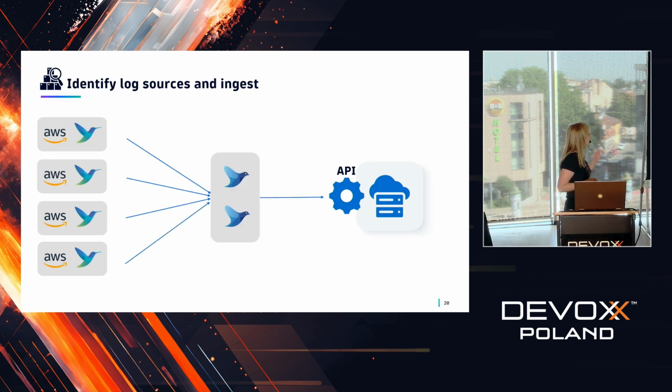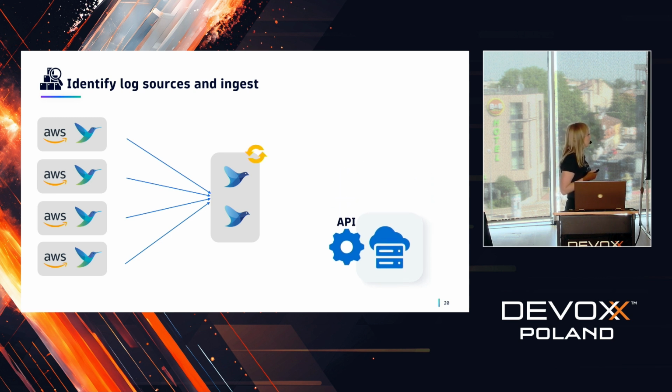So instead of that, we can add a log collector in the middle, and thanks to that, we will have only one place to change, and we'll also have an easy way to add another destination for our logs.